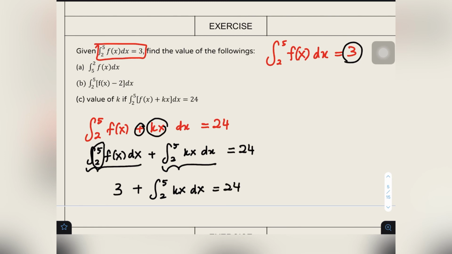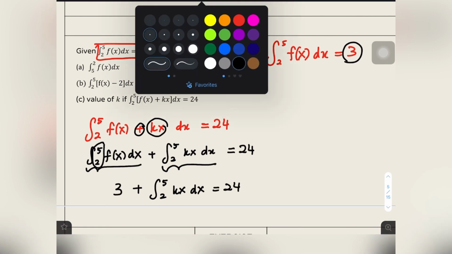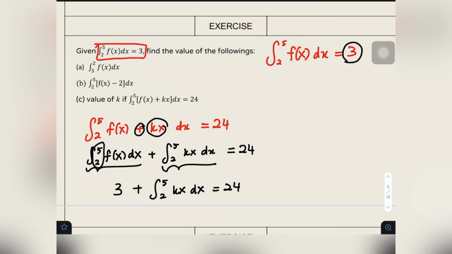Okay, now what you can do is you can bring 3 to the right, because this one is a number, right? This one is also a number. So positive 3, you bring it to the right, it becomes negative. So what you have here, integration of 2 to 5 for kx dx is equal to 24 minus 3, which is 21. Okay, now we want to find the value of k.